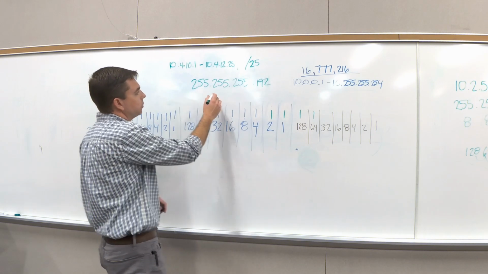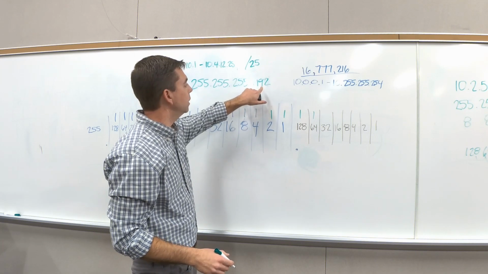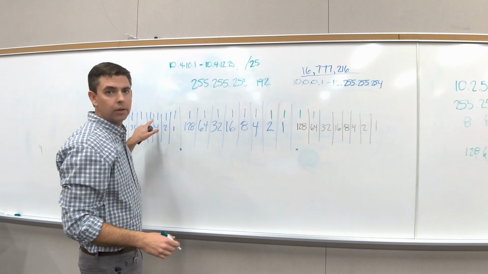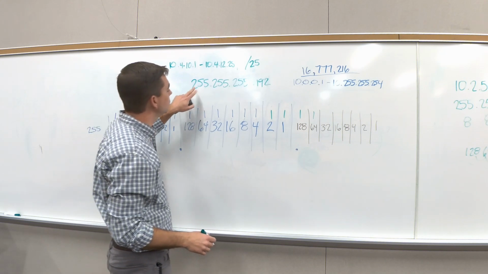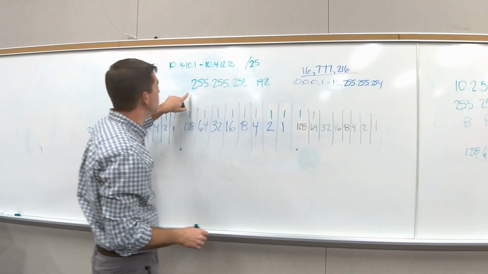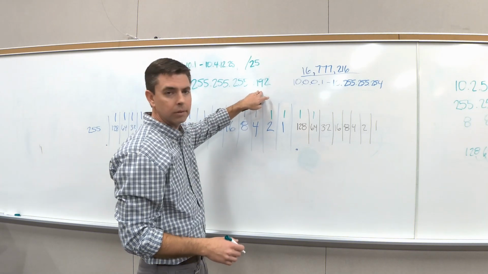So this signifies the bits in use. Really, the computer doesn't see these numbers. The computer just sees the ones that signify what bits have been used. So it sees 8 ones, 8 ones, 8 ones, 2 ones.